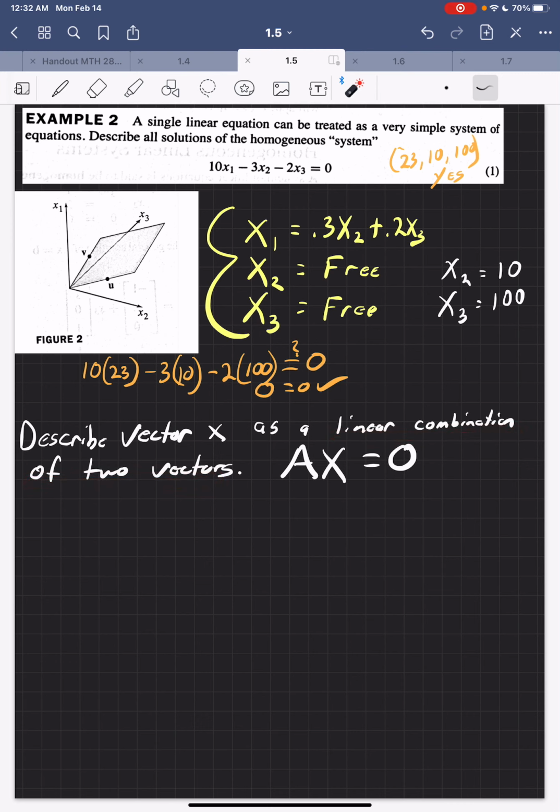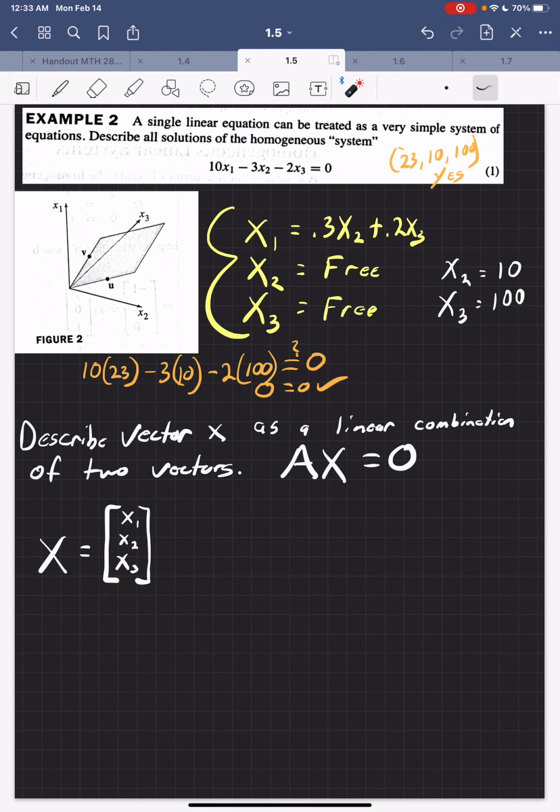So vector x, well, first off, let's look at the variables. The variables are x sub 1, x sub 2, x sub 3. So vector x can be described as the following column vector. That's really what it means. Vector x is this column vector.